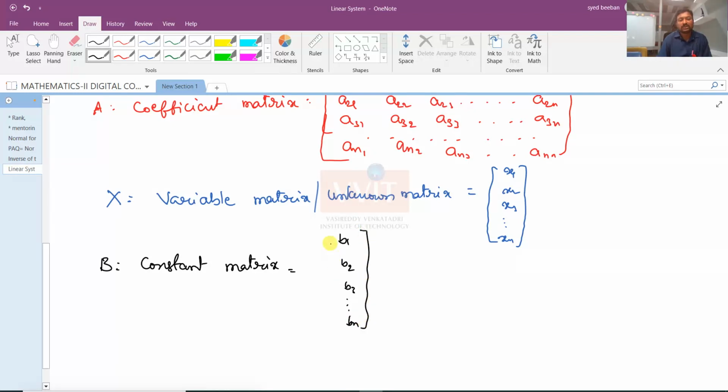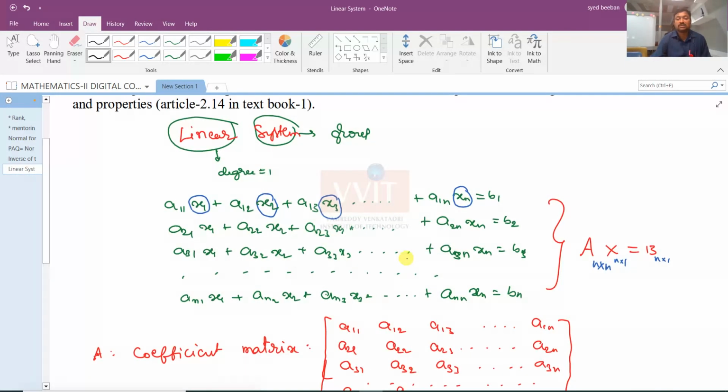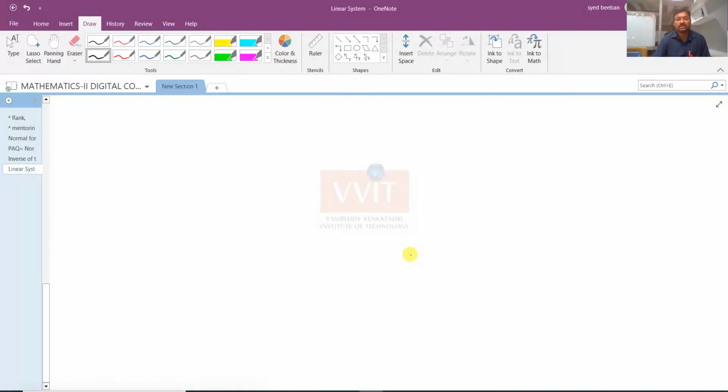So like this I may express the given linear system. Now what we have to compute is the unknown matrix: in Ax equals B, I need to figure out the x value.